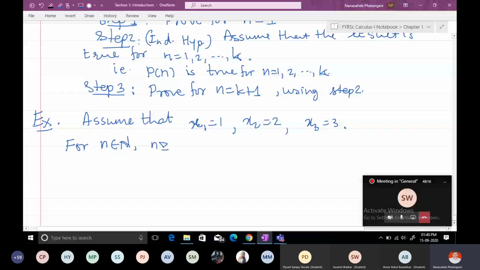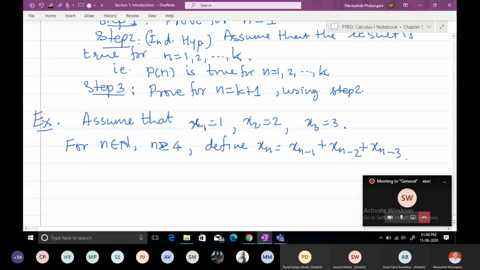So we have defined x1, x2, x3 for 1, 2, 3, and now we want to define for larger values of n. So for n greater equal 4, define xn is equal to xn minus 1 plus xn minus 2 plus xn minus 3. Right, so the target is show that xn is less than 2 raised to n for each natural number.